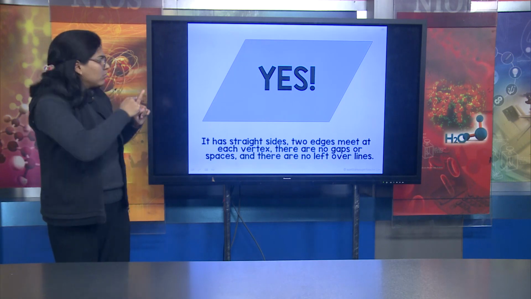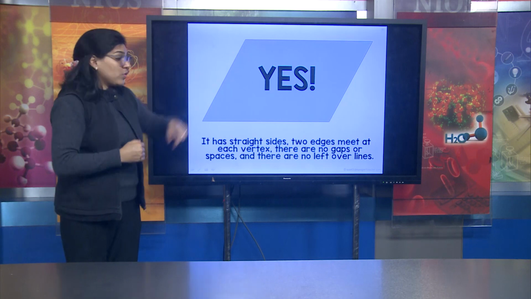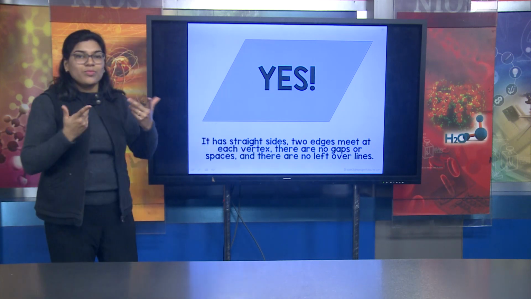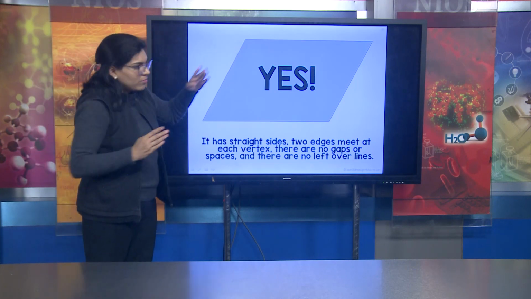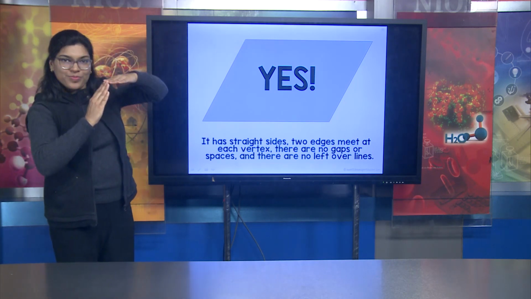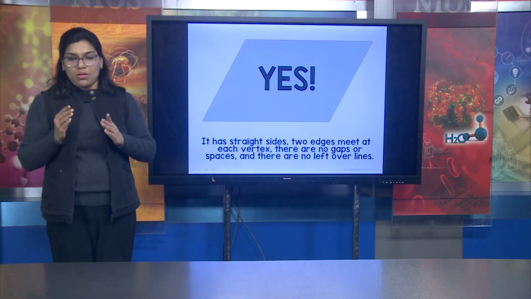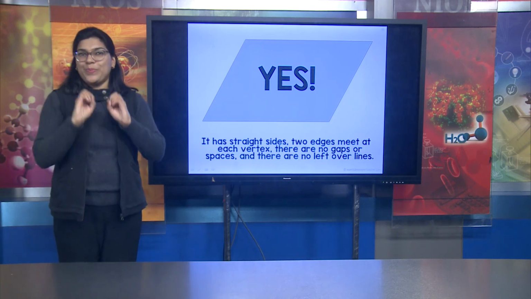See, two edges meet. So we can see these two lines, and if we see the next, each vertex. Where is the vertex? When two lines join together, that point is a vertex. It also says that there are no gaps. Can you see any gap in this image?